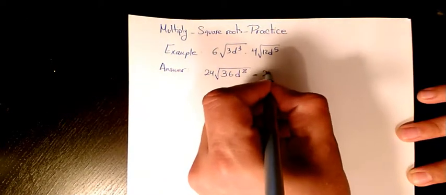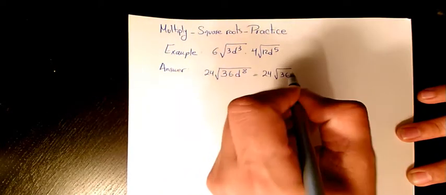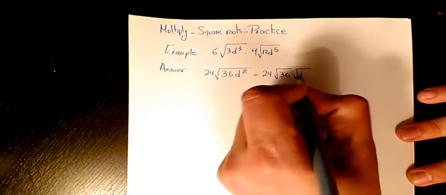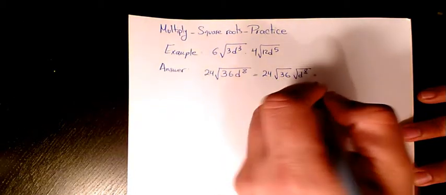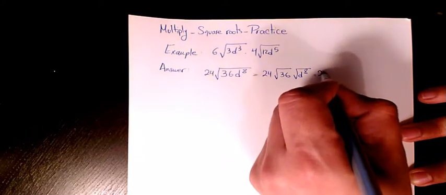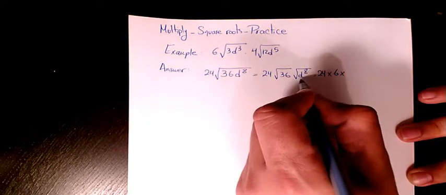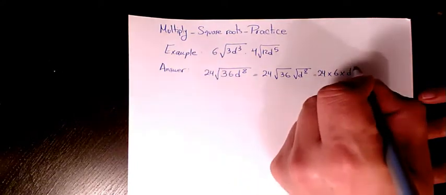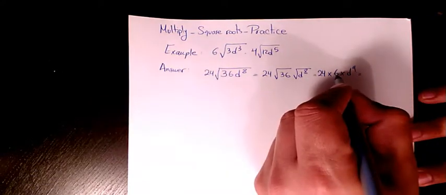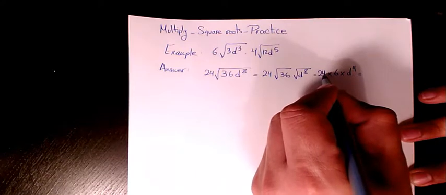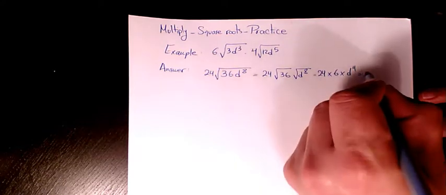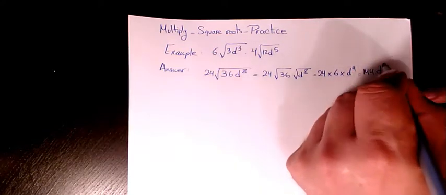Then it will be 24 square root of 36, then square root of d to the power of 8. So 24 is 24, square root of 36 is 6, and the square root of d to the power of 8 is d to the power of 4. So 6 times 24 is 144, d to the power of 4.